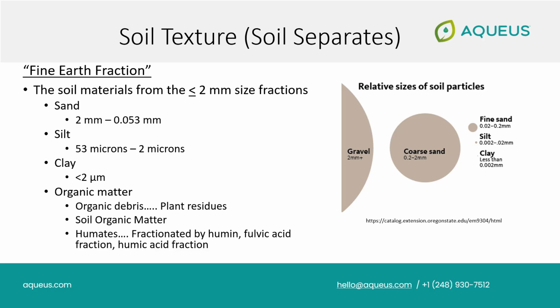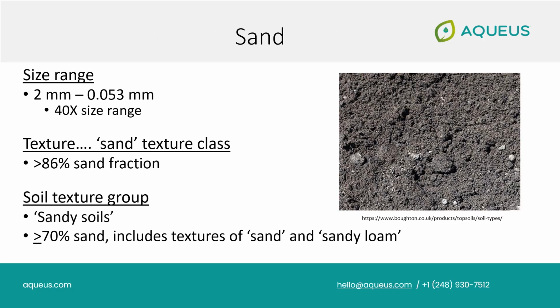Well, there is no such thing as humic acid. There are materials that fit within the humic acid fraction, and there's a range of different types of molecules in that fraction, but there actually is no such thing as humic acid. The same goes for fulvic acid. That's how they're labeled, but technically that's wrong labeling.